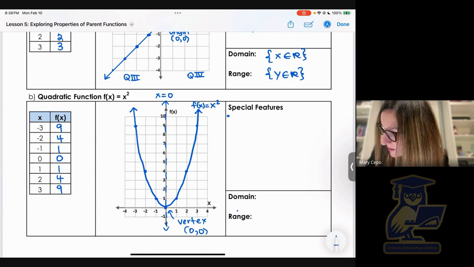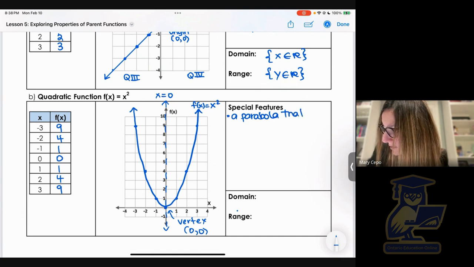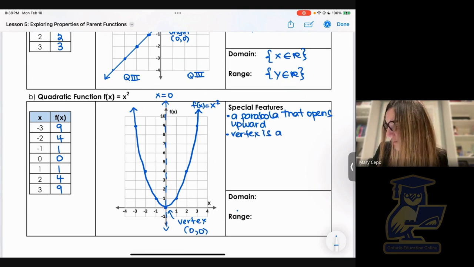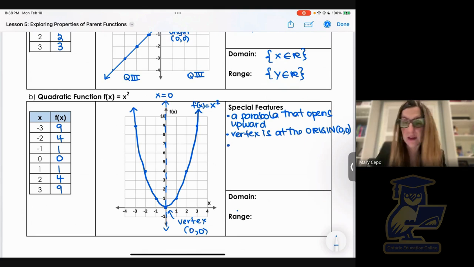Now, parabola, definitely, it's a parabola that opens upward. The vertex is at the origin. And we know the origin is that point 0, 0. Now, in this case, we spoke about the quadratic function where the vertex is the most critical point.